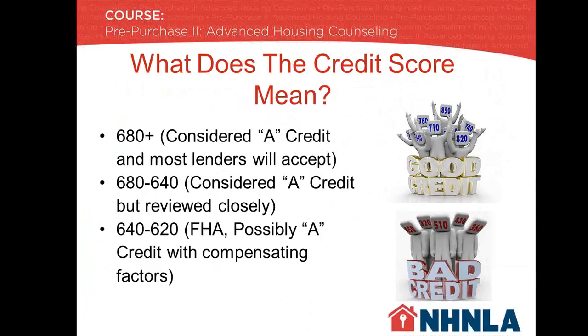A score between 620 and 640 may possibly be considered A credit, although you will have to have some compensating factors with the lower score. And below 620 means the potential buyer may be looking beyond conventional loans to FHA and other products.